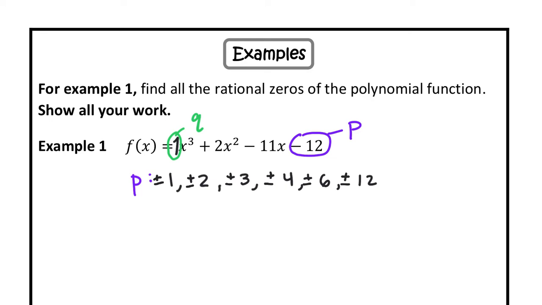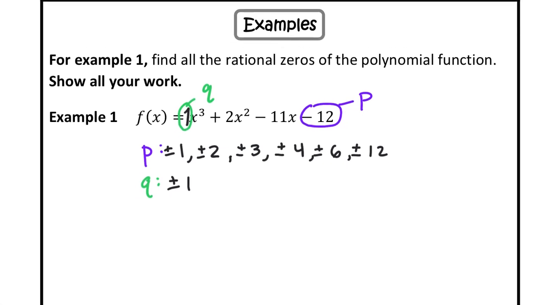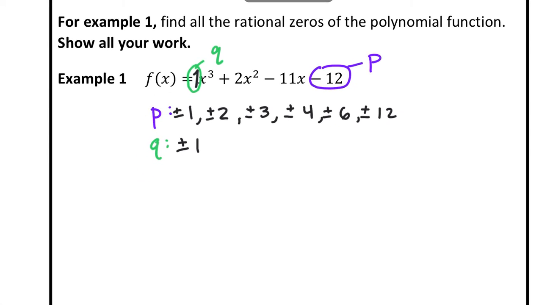Okay, and then with the q value, well, it's an easy one, right? It's just 1. What are different ways to multiply to get 1? Just 1 times 1. So 1 is my only value there. Okay, so after I find the p's and the q's, the different ways to multiply, then I'm going to find all the different ways to divide p over q. So what's 1 divided by 1? 1.